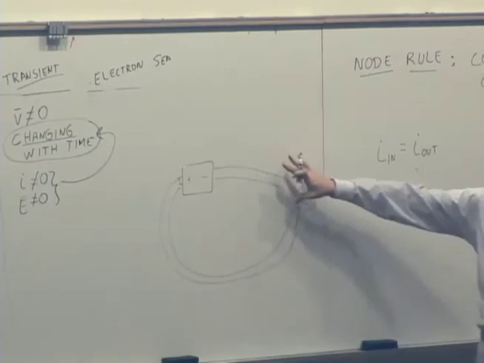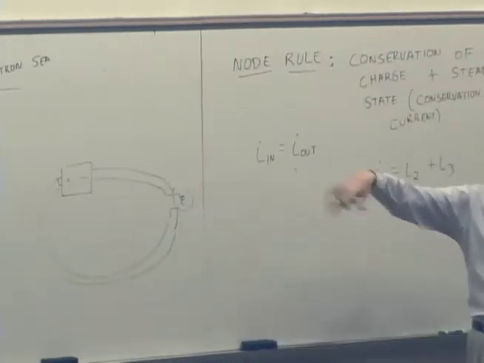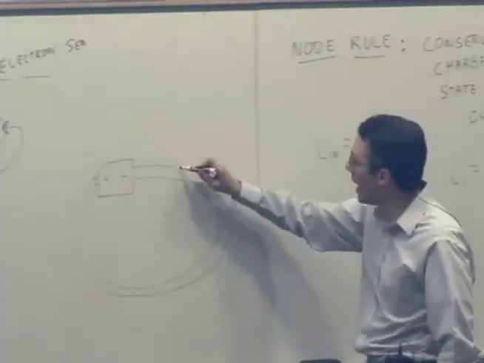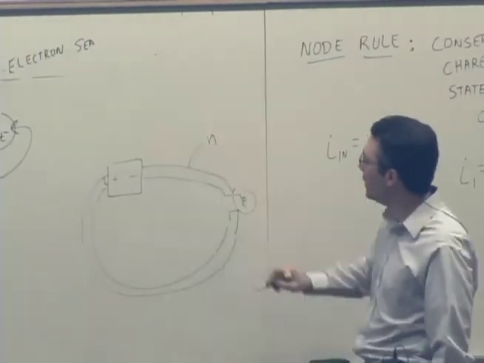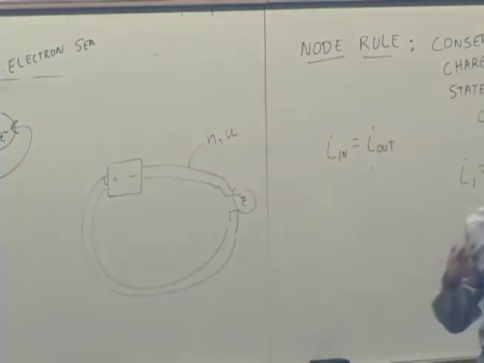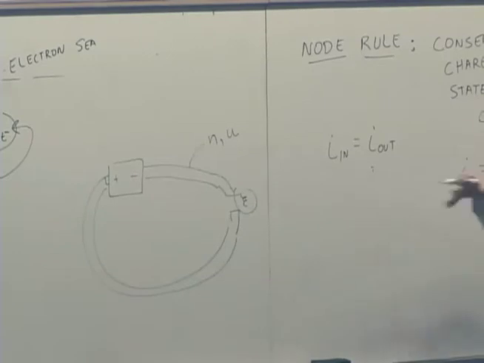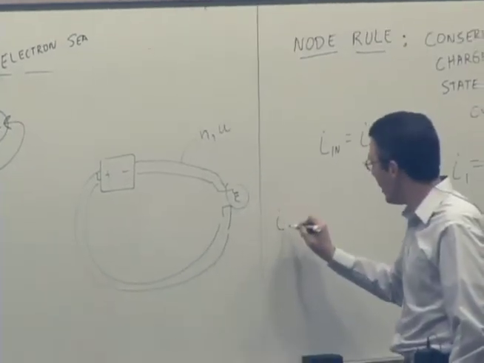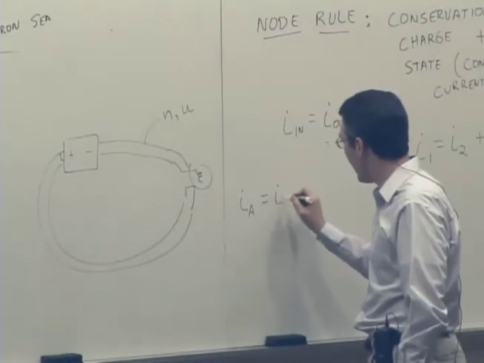Let's assume that it's the same type of wire throughout the entire circuit, right? So the wire here has some electron density N, and it has some electron mobility U. It's copper or something, so we can look those up in a table and find out what they are. So we can say that, okay, the current at A is equal to the current at B.